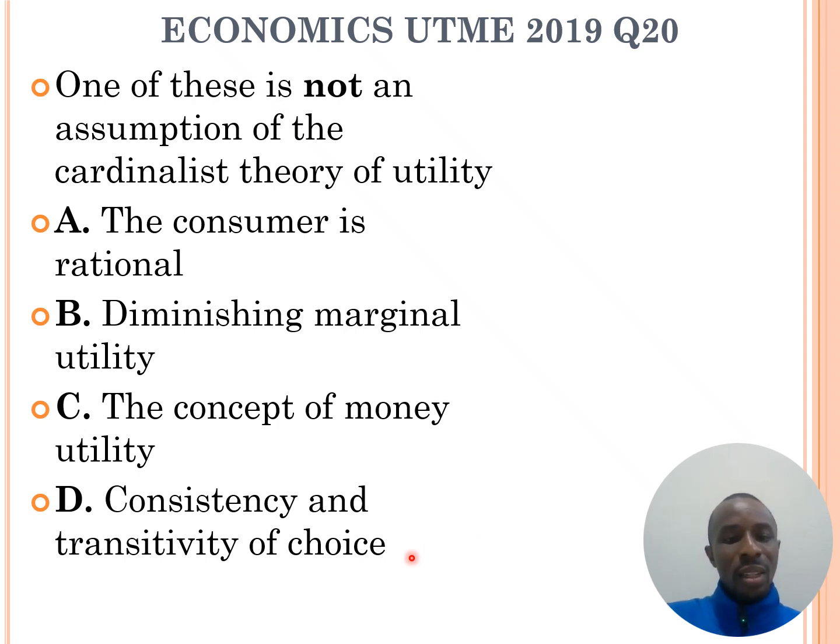So the consistency and transitivity of choice is not an assumption of cardinal theory of utility. Option D. It is the level of satisfaction that the consumer gets that determines whether he or she will consume more of that commodity.